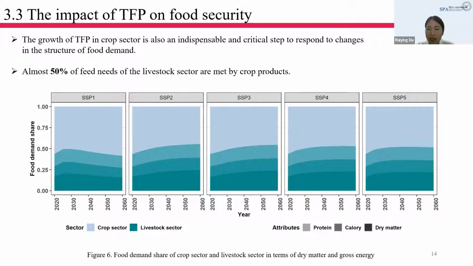As we can see in Figure 6, the proportion of livestock products in human food will gradually increase in the future, especially when measured in calories and protein, as almost 50% of feed needs of the livestock sector are met by crop products. The productivity growth of the crop sector is of great importance for responding to the increased demand for livestock products.